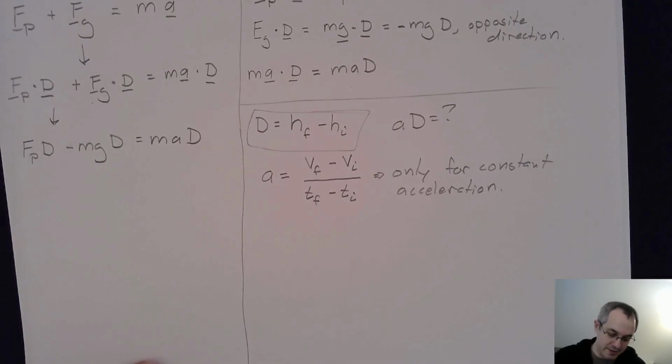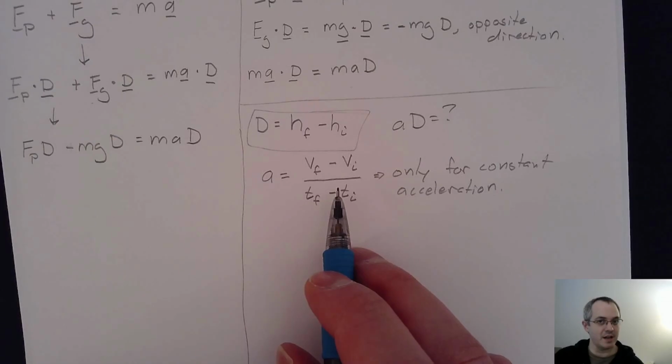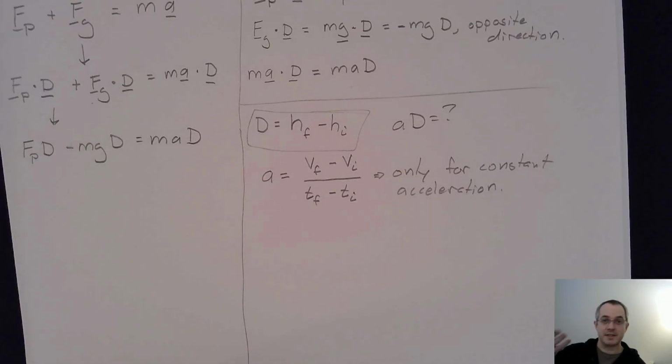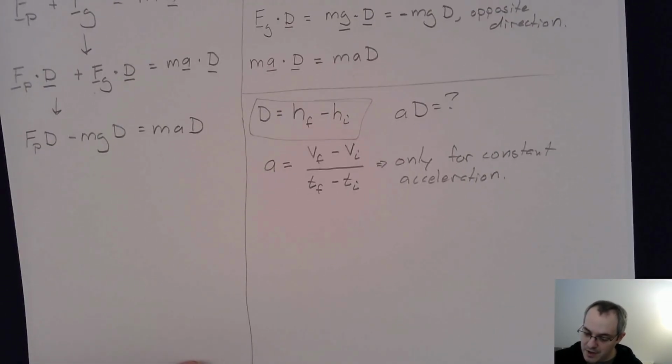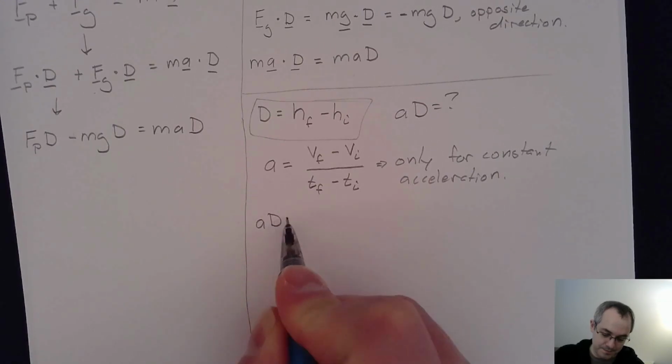You might recognize this as also being how we could define the slope of a straight line. A straight line has constant slope, constant acceleration, and that's not a crazy coincidence. That's intentional. Okay, right, then what we can do is say a times d.